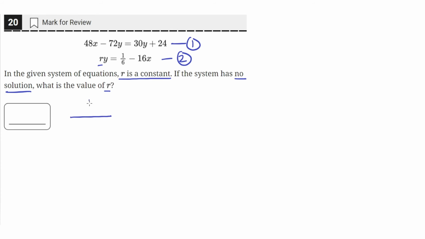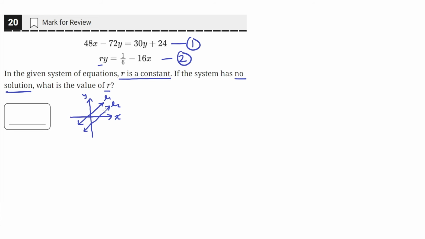A system of equations of two lines has no solution when the lines are distinct and parallel. So say this line is line 1 and this one is line 2 on the xy plane. These lines, they're parallel and they're distinct, meaning that their y-intercepts are different.